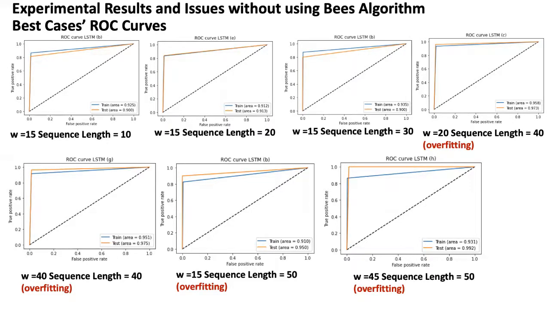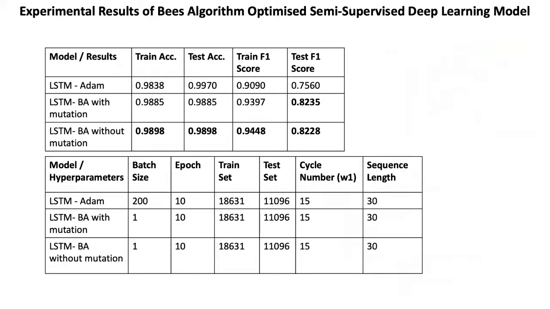So to prevent these issues and to improve the accuracy of the model, we propose to use the BA algorithm to improve the LSTM performance by using the third combination of the hyperparameters. The experimental results of the proposed semi-supervised deep learning model are given in the table.